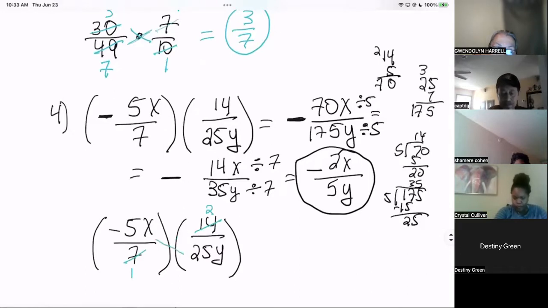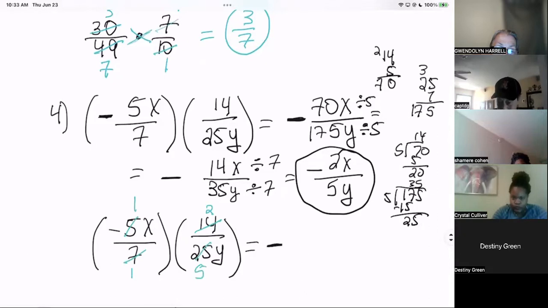You don't have to write those little X marks unless you want to. Now I look at my 5 and my 25. I need to make sure I put my negative here, because my answer has to be negative. So 5, I divide both of them by 5, that becomes 1, that becomes 5.